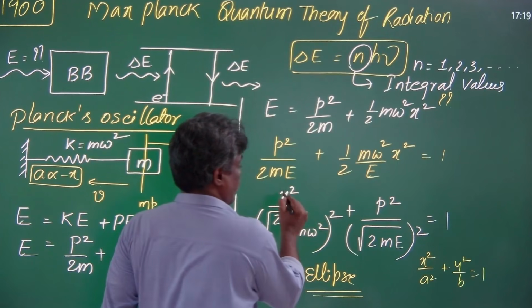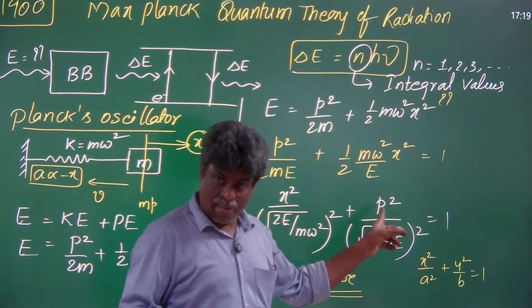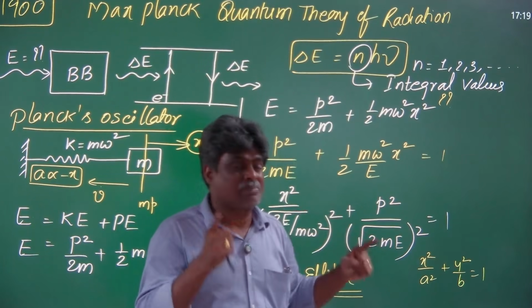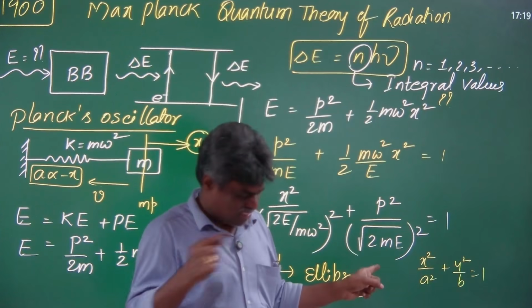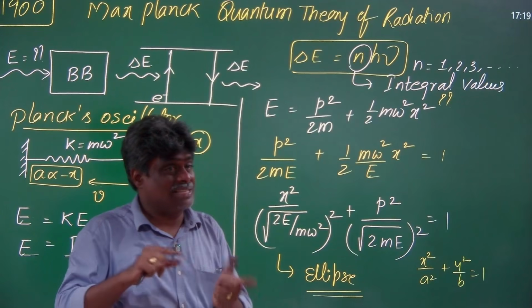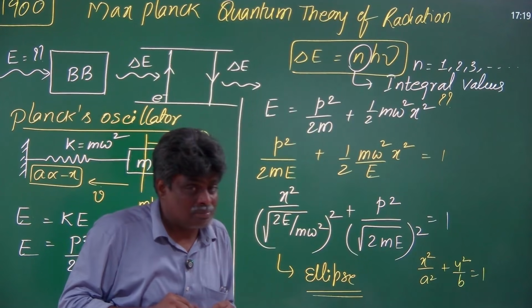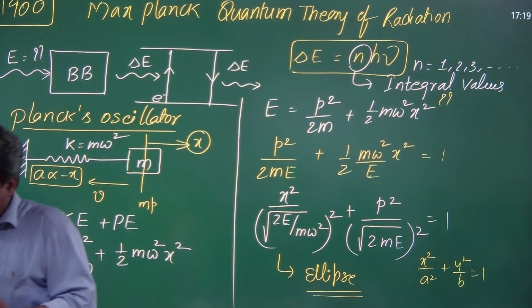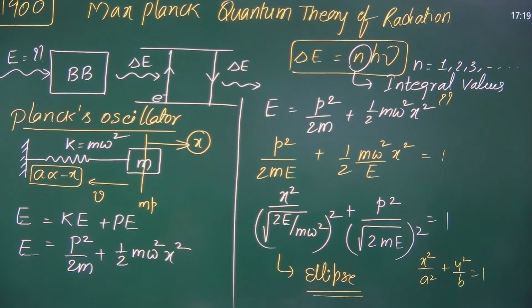So what is this x? Position. What is this p? Momentum. If I draw a graph in xp coordinates, it looks like an ellipse. What is that xp coordinate system? Phase space. If you have not heard these words, your MSc is incomplete.